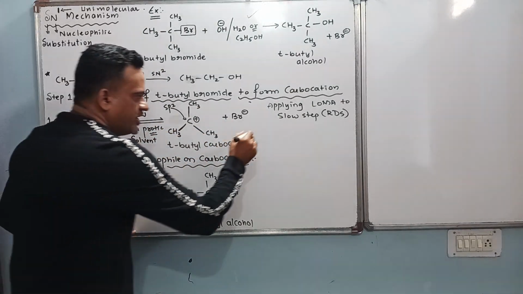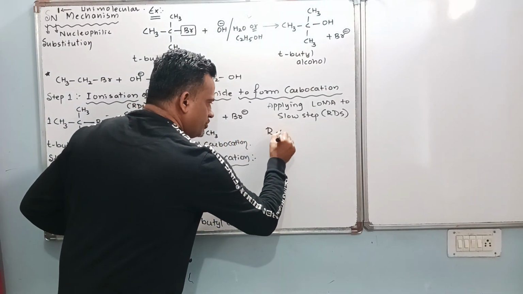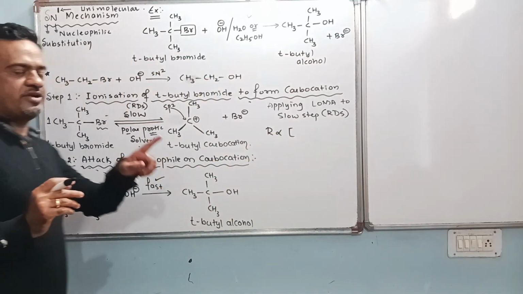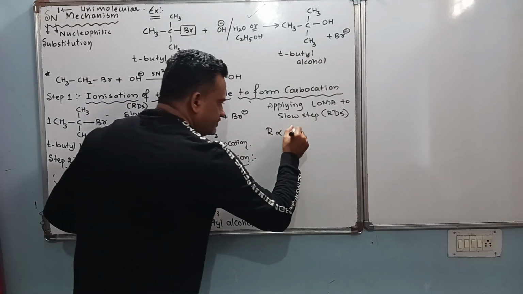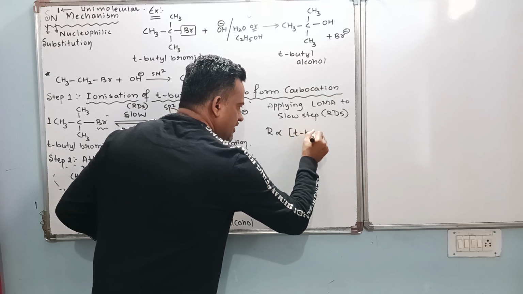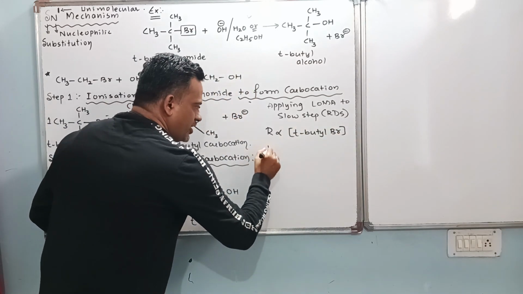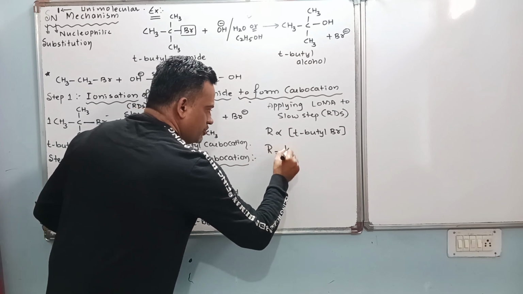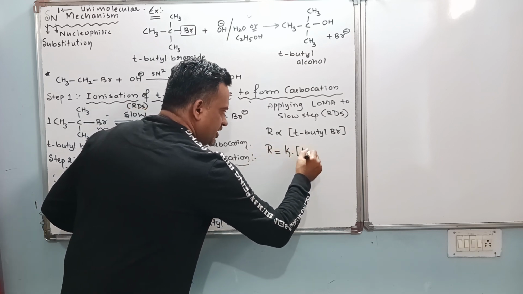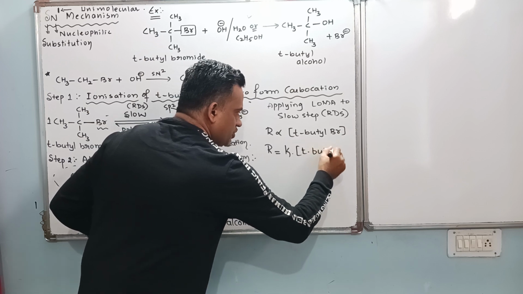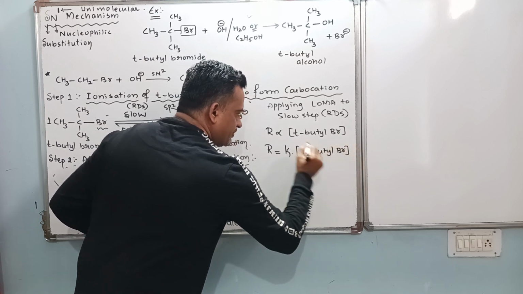Only one. So the rate is directly proportional to that reactant only. Which reactant? The tertiary butyl bromide. The rate is only depending on the concentration of tertiary butyl bromide. So I can write rate is equal to a proportionality constant, the rate constant, times tertiary butyl bromide, right?